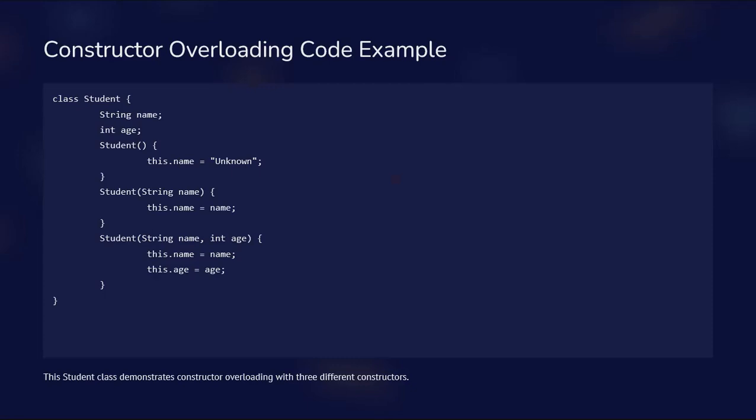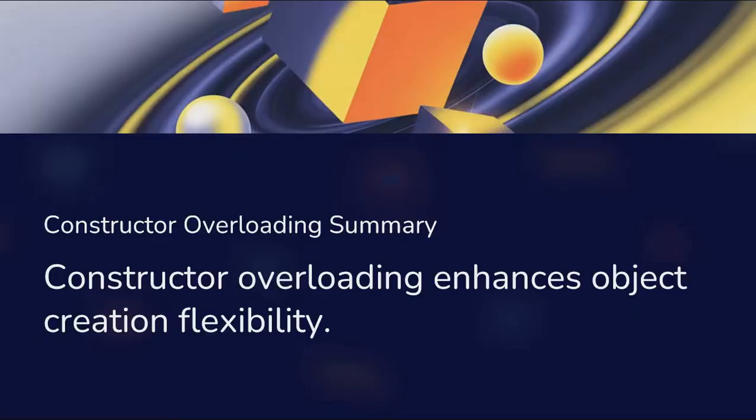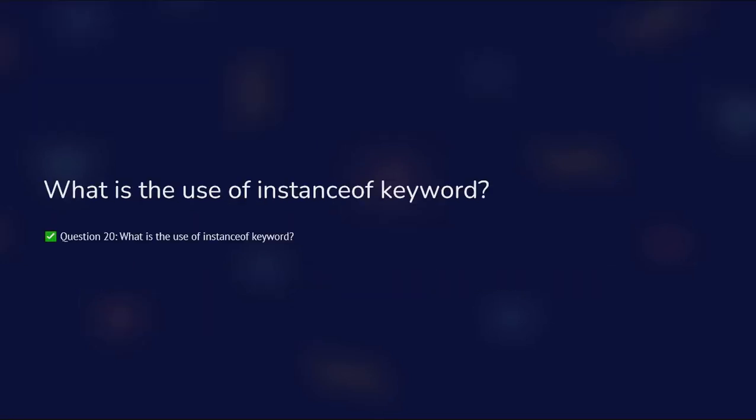It has one default constructor with no parameter, one parameterized constructor with a string name argument, and another parameterized constructor with name and age arguments. This Student class demonstrates constructor overloading with 3 different constructors. So constructor overloading enhances object creation flexibility.